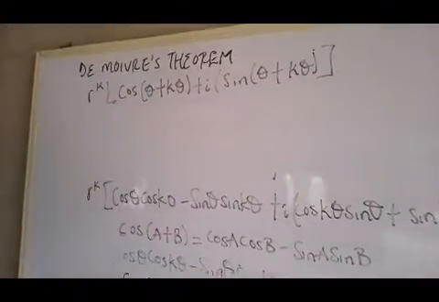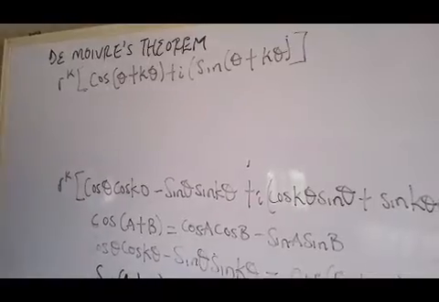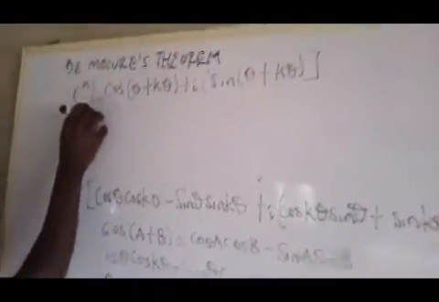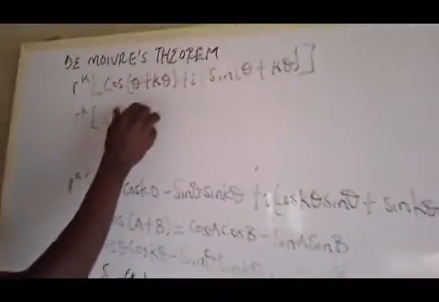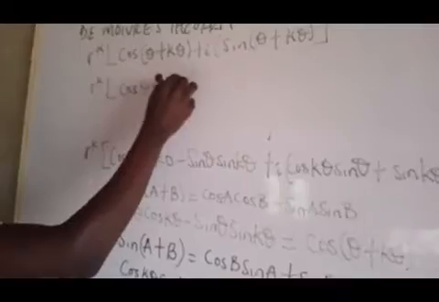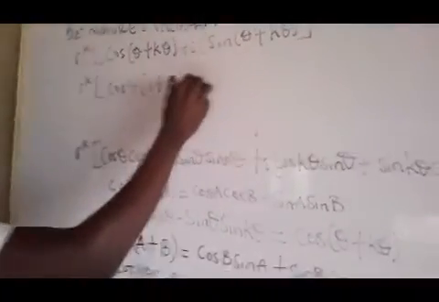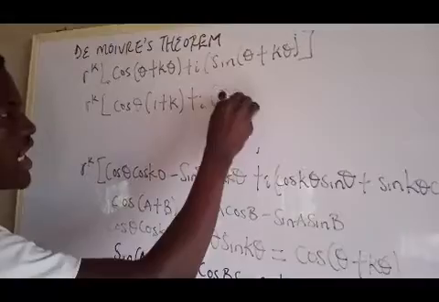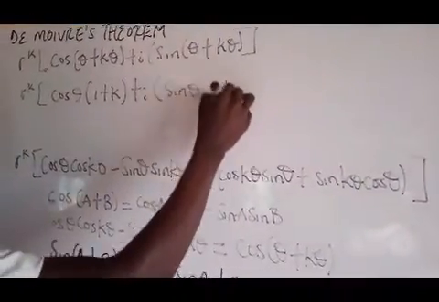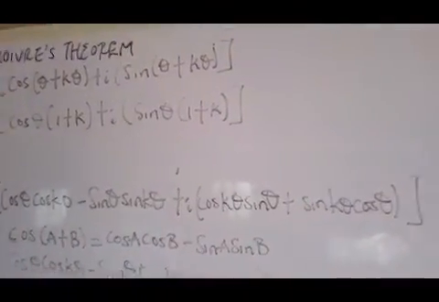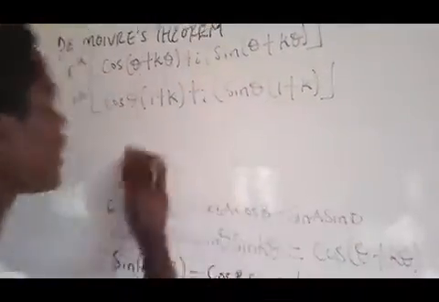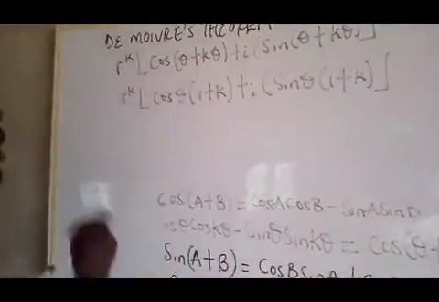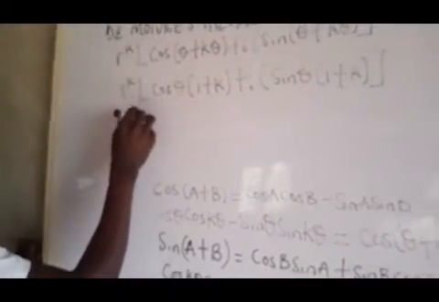Now, what's the next thing you do? What is common between these? So we have r raised power k open bracket cos, what's common between them? Theta open bracket 1 plus k. You can see that's what will be left, plus I open bracket sin theta 1 plus k. Right? Alright, so after that you can see that we are already making it come down. So we have r raised power k.